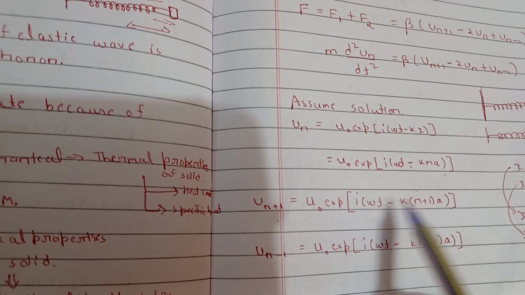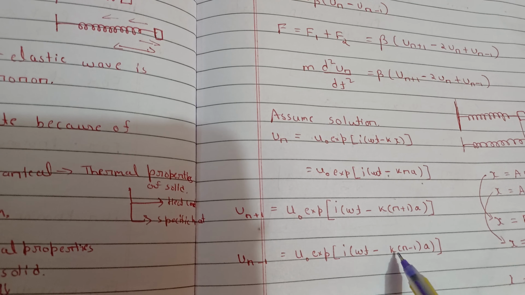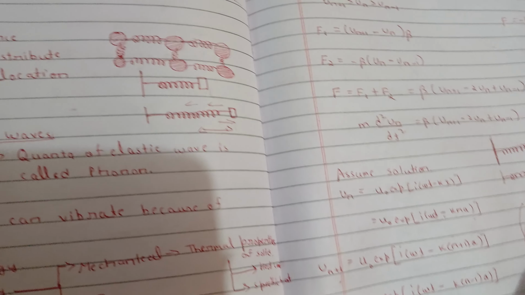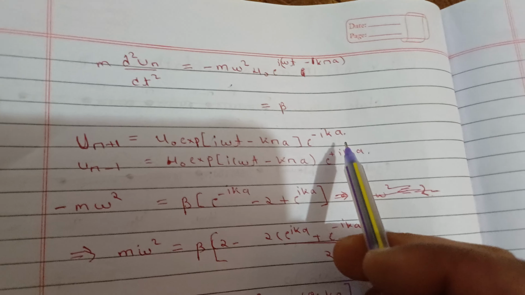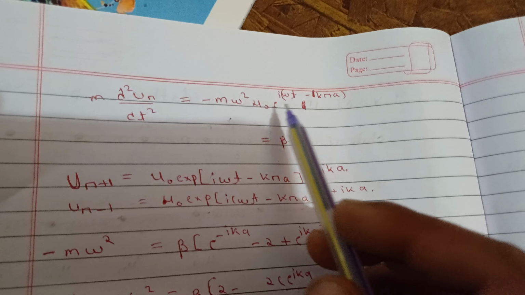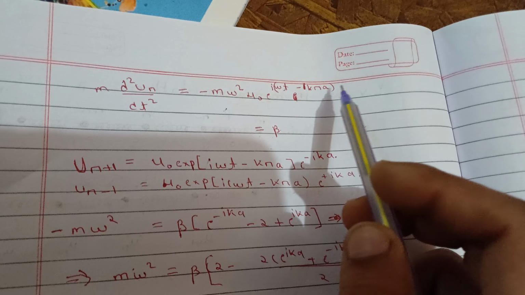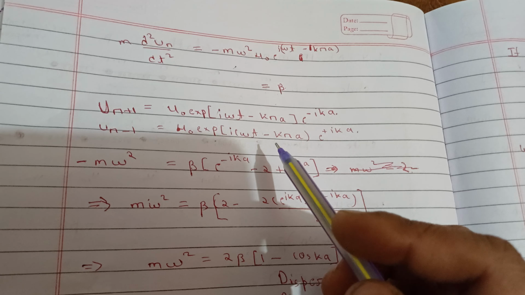So we will take e to the power minus i k a outside, and from here, minus minus plus, we take e to the power i k a outside. So it is one for the plus, one for the minus. It will come like this. And from here we can see this is nothing but exponential i omega t minus k n a, and we have this common in every equation.